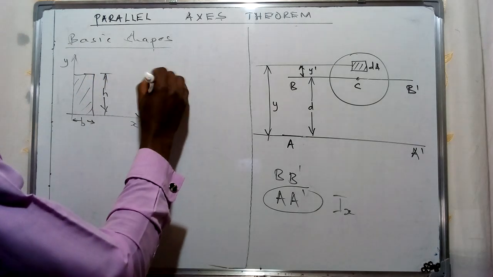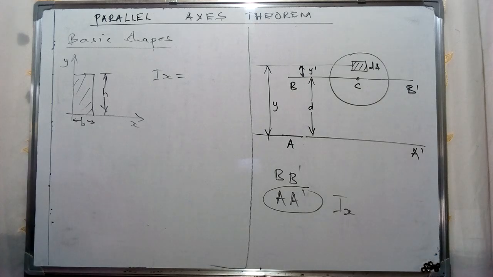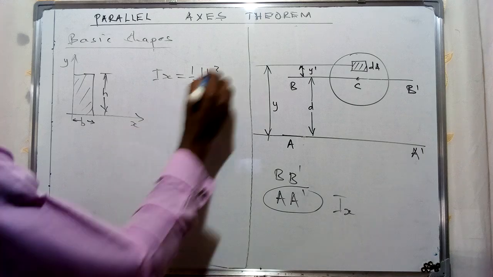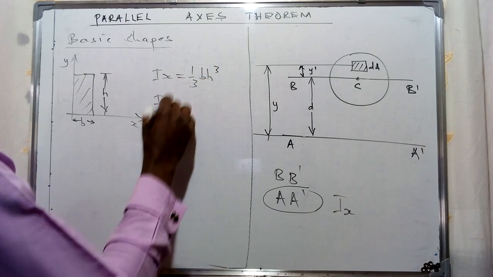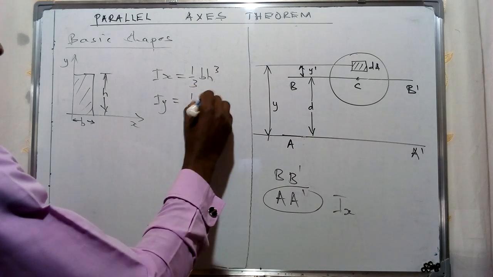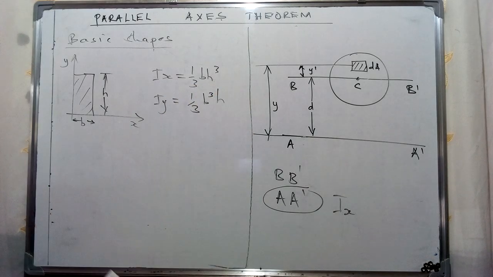And therefore, the moment of inertia about the x-axis can be given in terms of a third b h cubed. And then we're going to have the moment of inertia about the y-axis given in terms of a third b cubed h given as such.